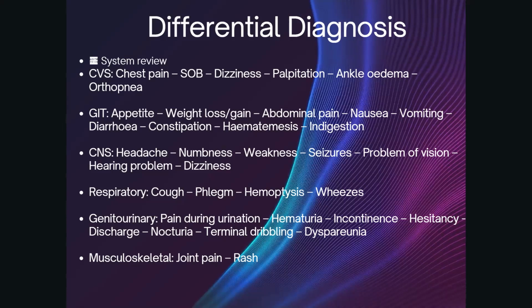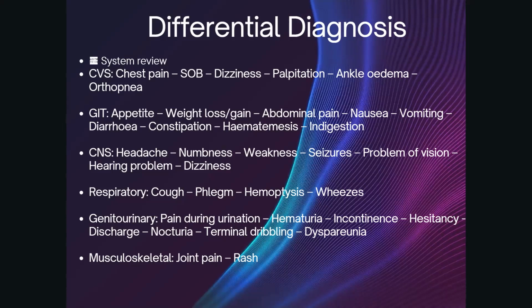Genitourinary symptoms. Is there any pain during urination, any blood in urine, any incontinence, hesitancy, any discharge from the private parts, any nocturia, or any frequency to urinate at night, where they wake up whilst they are asleep and go to the toilet many times?